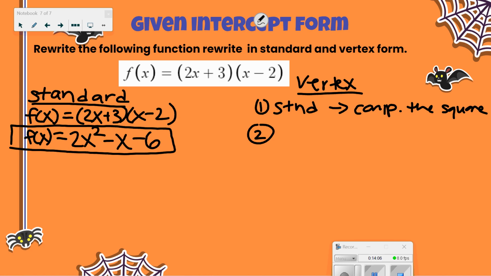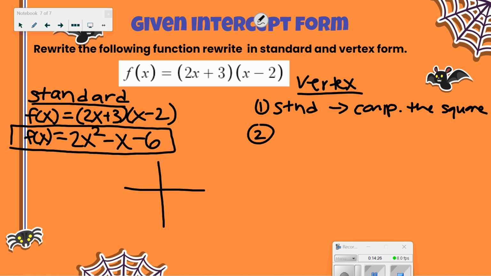So if I'm given intercept form, what values on my graph can I find really easily? If you were to create a graph, what values can you find really easily if you're in intercept form? Your intercepts, right? That's the name.